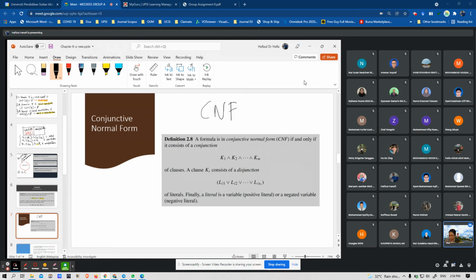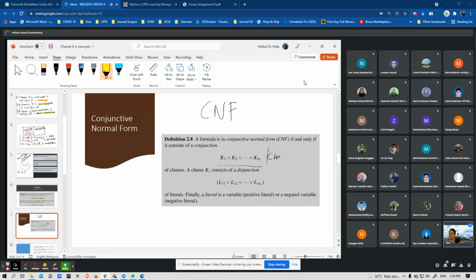Conjunctive normal form. We have the clauses K1 and K2 until Kn. And then each clause Ki must be a disjunction of literals, and a literal is a variable.